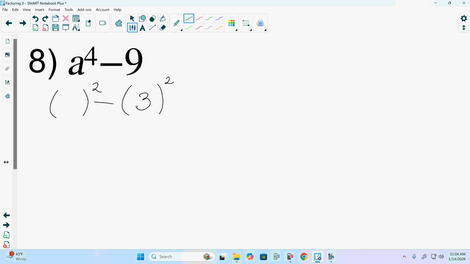Is it possible to write a to the fourth as something times itself? a squared, because a squared times a squared would be a to the fourth, because a power of a power multiplies. So our 2 times 2 would give us 4, yes? So we're still able to write it in the form of a squared minus b squared, yes?